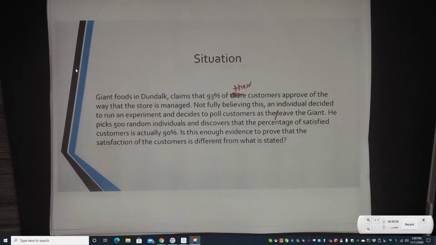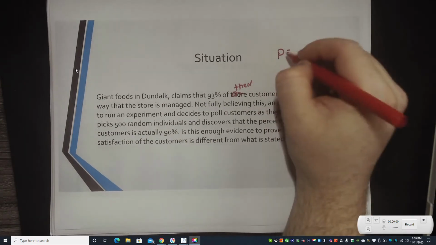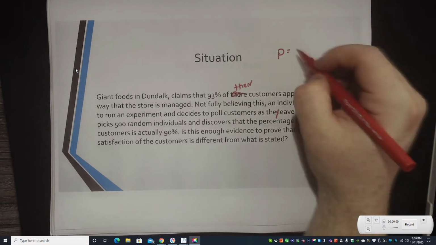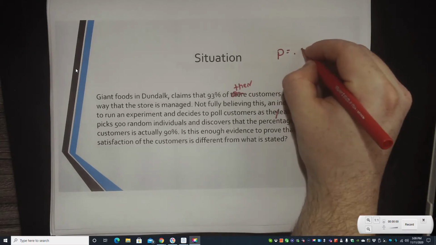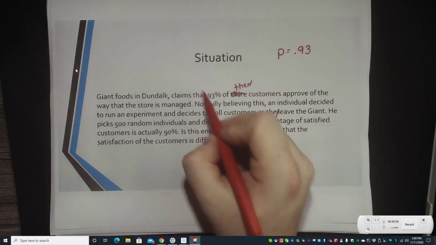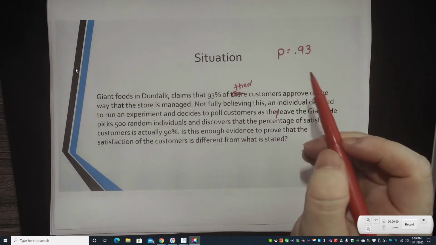Now, before I even go into this process, there's a population parameter and there's a sample statistic. So there's basically a p, which is the population, and a p hat. I'm not going to write the p hat though, but the population parameter is 0.93, because the 93% is the population of people who go to the Giant.